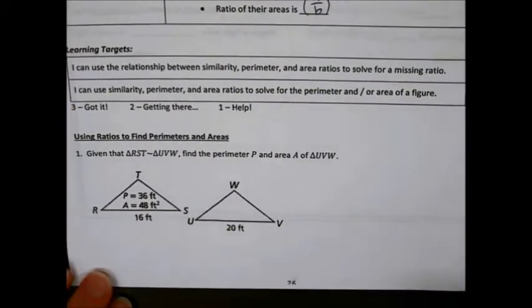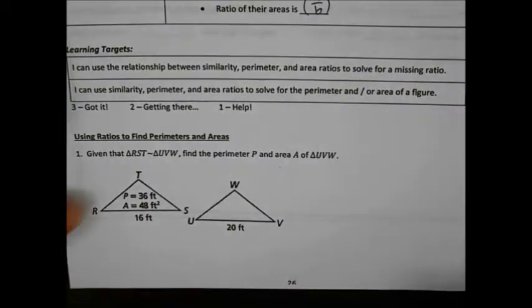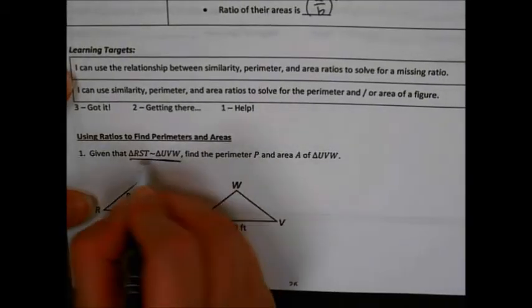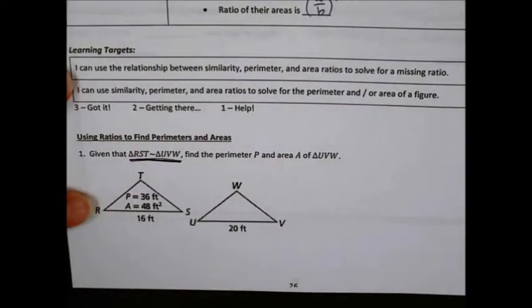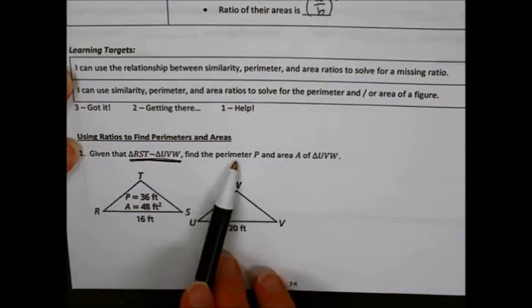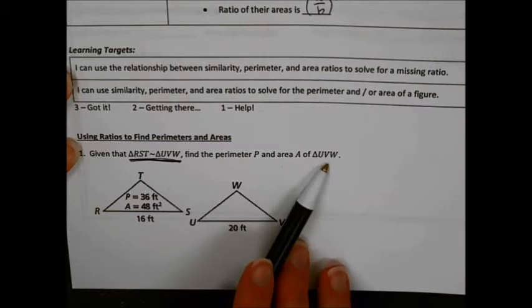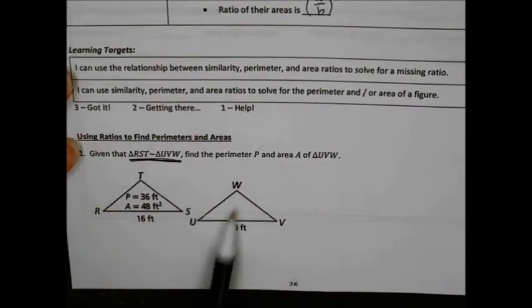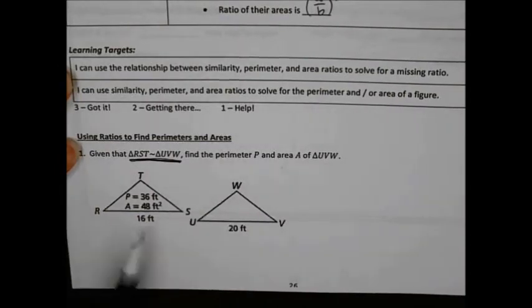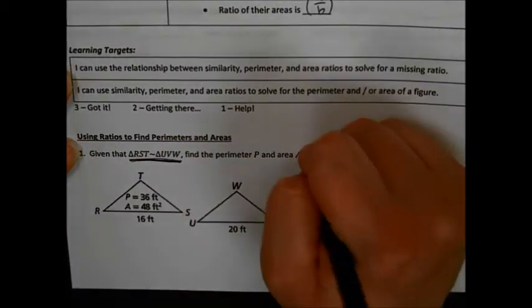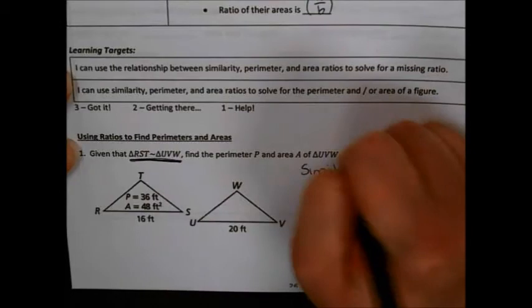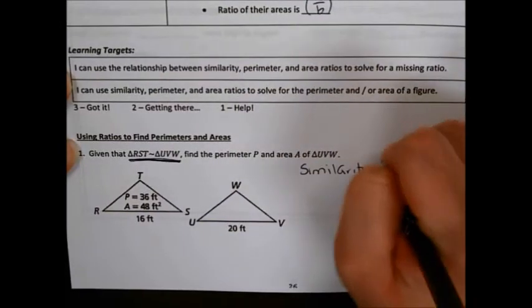So take a look at example 1 down here. We're given that the triangles are similar to each other, so we have the similarity statement already, which is kind of nice. We want to find the perimeter and the area of triangle UVW. So we're trying to find area and perimeter for this triangle based on the fact that we know these ones are similar to each other. So the first thing I'm going to do is find the similarity ratio between the two triangles.